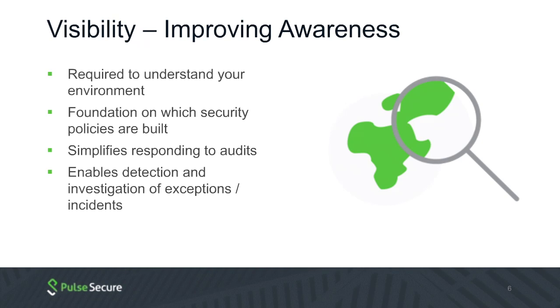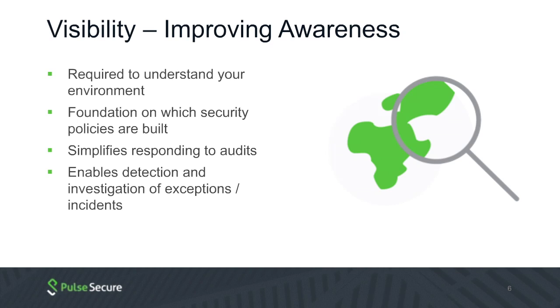And then visibility also enables you to respond to audits, to demonstrate that the controls that you have in place are working, that only authorized users are accessing sensitive or protected resources.